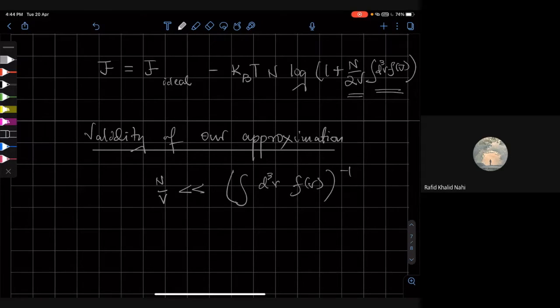Now, for the Lennard-Jones potential, you can show that this thing has the form of approximately 1 over r naught cubed.